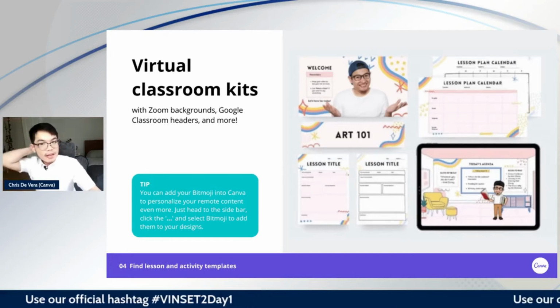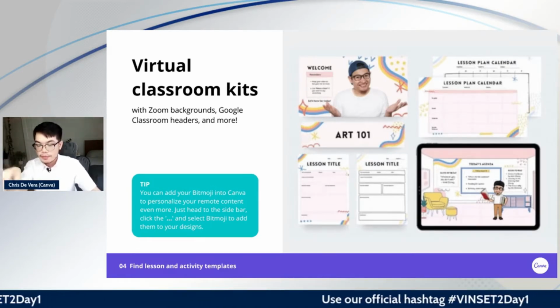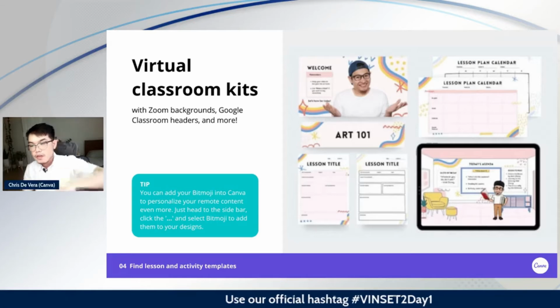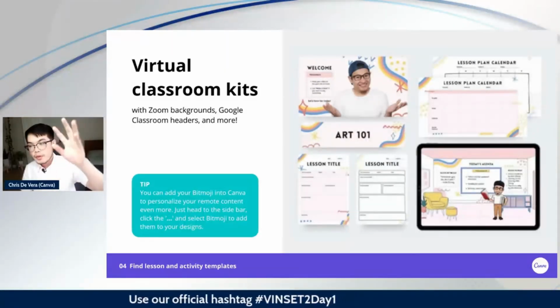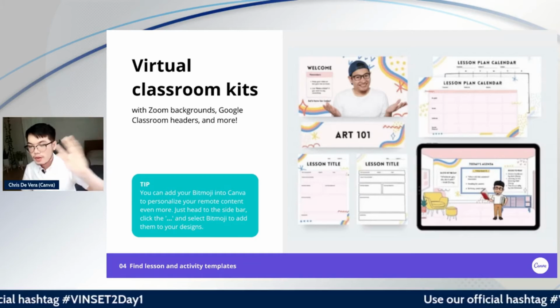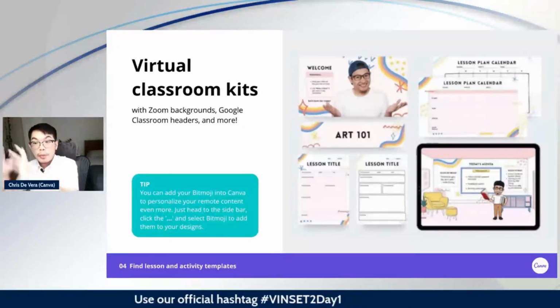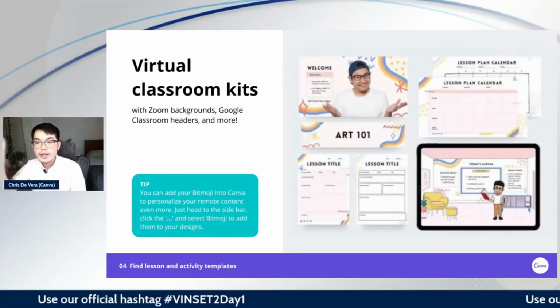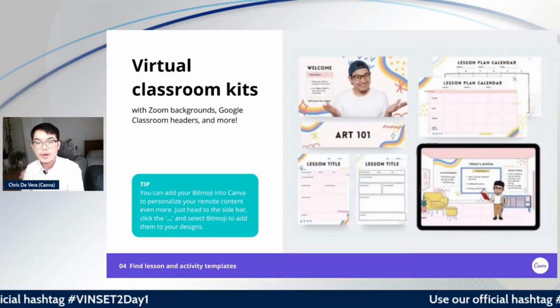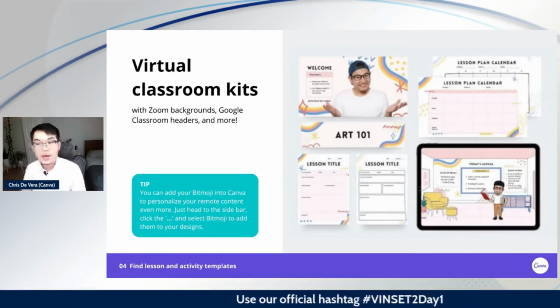So in Canva, I won't demo it now, but on the left side toolbar, if you scroll to the very bottom, so after you have music, or audio, videos, photos, charts, if you go to the very bottom and click the three dots, that will go to your more menu, and then you'll find Bitmoji. And you can click it, connect your account, and create your Bitmoji directly in Canva and add it in all of your designs.